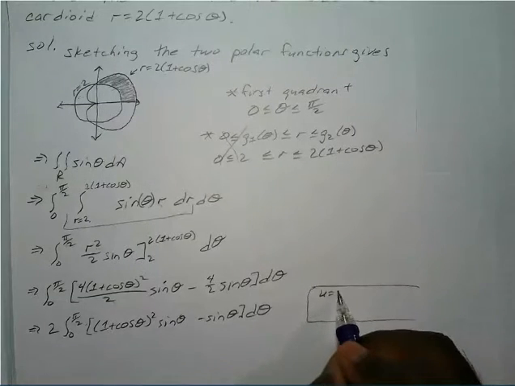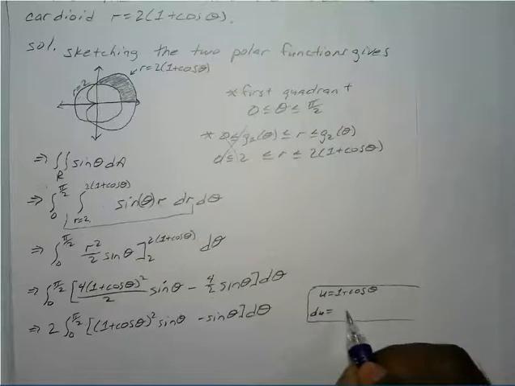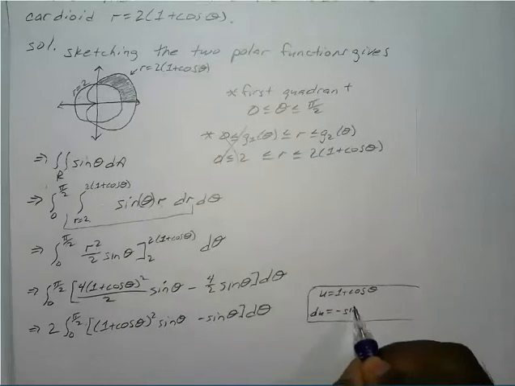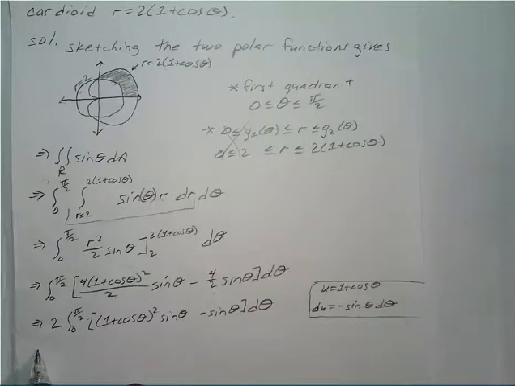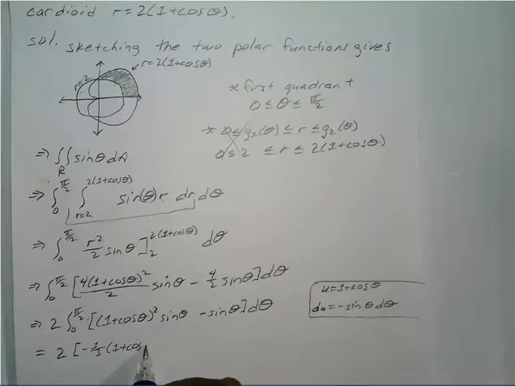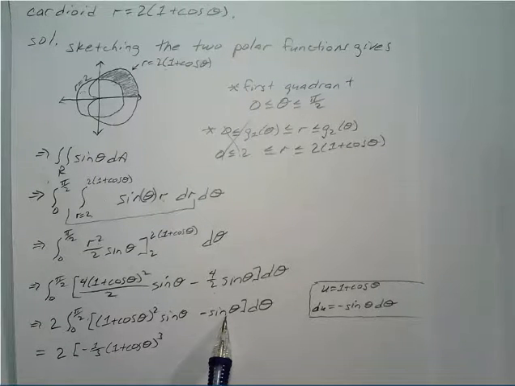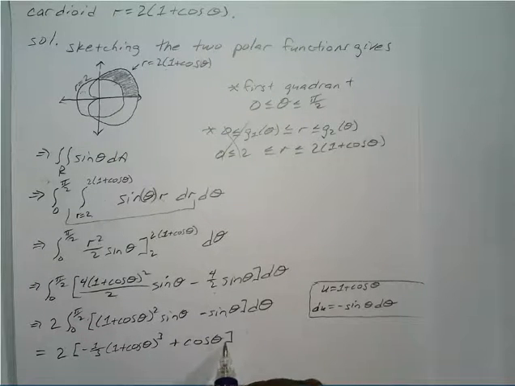So if we made u equals 1 plus cosine of theta, and our du is equal to negative sine of theta d theta, we'll actually end up with 2 times negative 1/3, 1 plus cosine theta to the third power, and the integral of sine of theta is negative cosine of theta, so that's plus cosine of theta, from 0 to pi over 2.